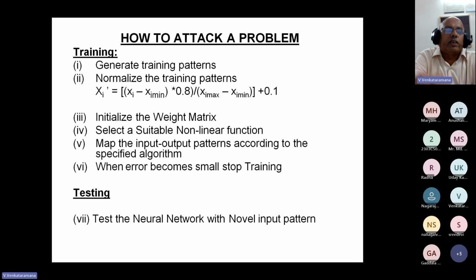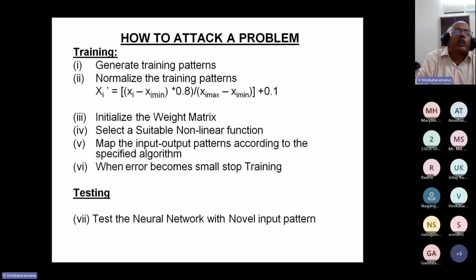If the value is the minimum, then X minus minimum becomes 0, and the normalized input becomes 0, which it should not. That is why we add 0.1, or whatever value you assign. Like that, I will normalize all the inputs.